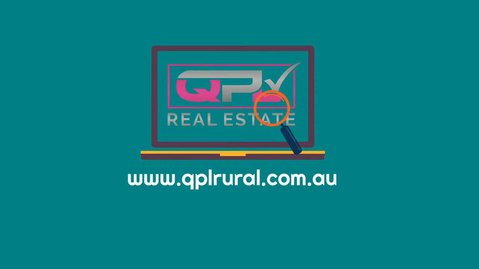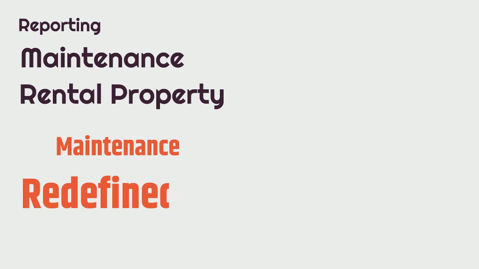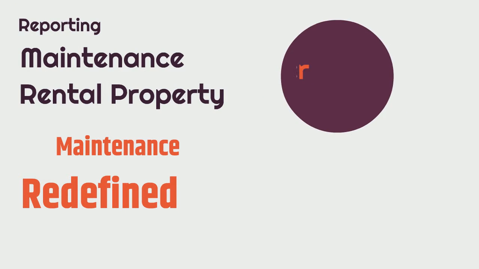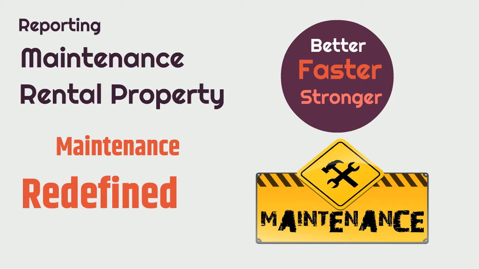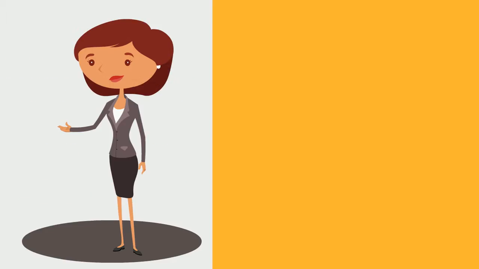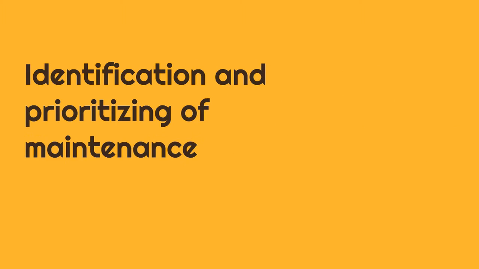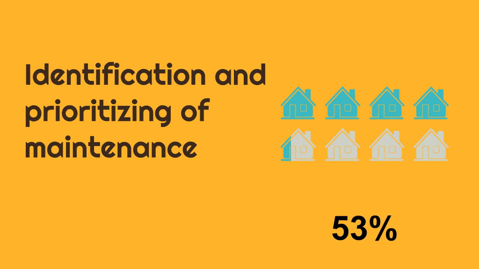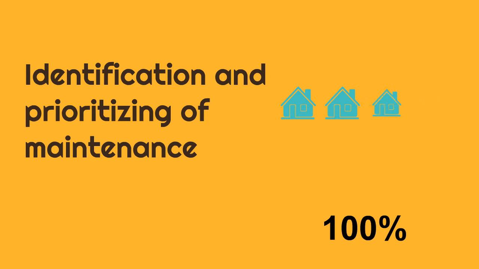Thank you for taking the time out today to watch this short video on reporting maintenance. We like to take a proactive approach to maintenance management to ensure that the property you rent is maintained in good repair as instructed by our landlords. The identification and prioritising of maintenance in all properties managed by our office is something we take very seriously.